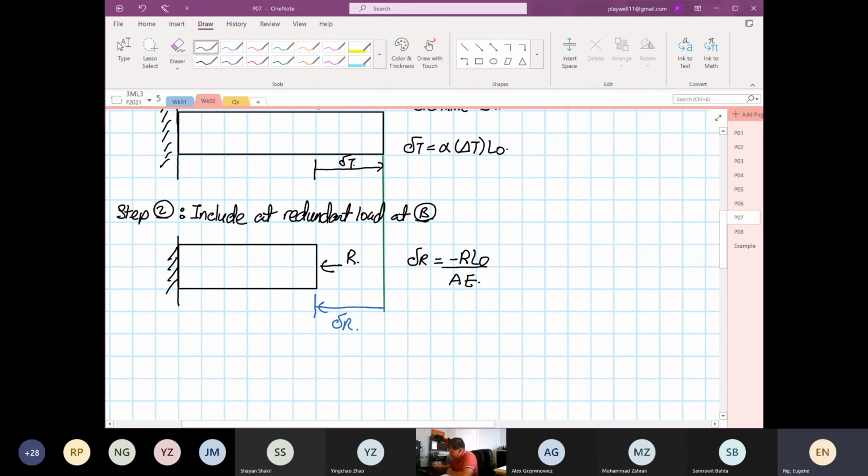Then from here, delta T plus delta R will be equal to 0. Then you can calculate your stresses.